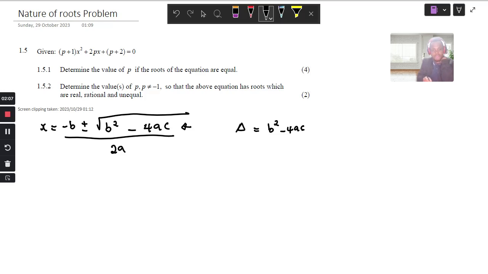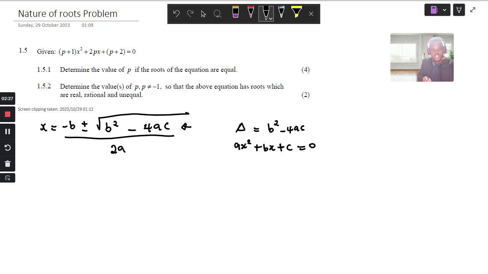The question says determine the values of p if the roots of the equation are equal, not real, equal. In this scenario, you have to write the equation in the standard form, ax² + bx + c = 0.